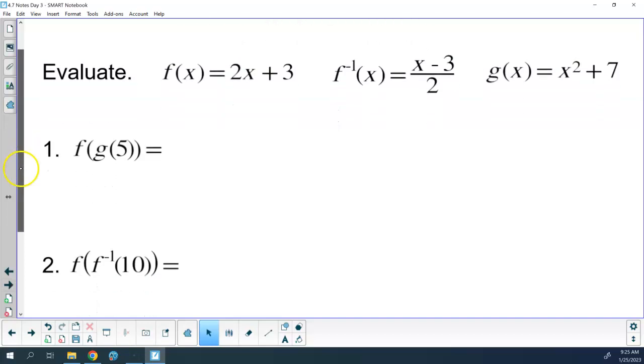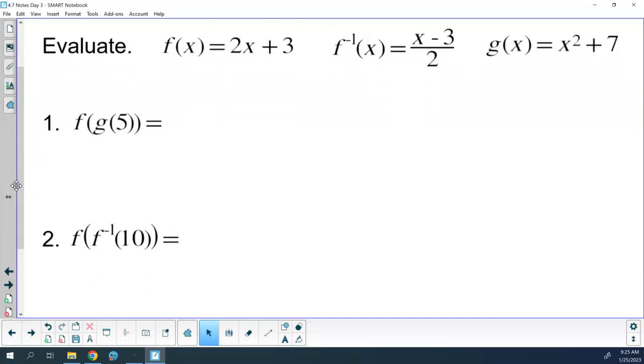What this is saying right here is f of g of 5. You work just like you would work parentheses in any other algebraic problem. You work inside out. Okay?